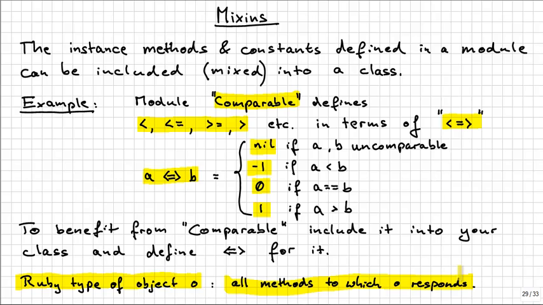This distinction between class and type is the source of the term duck typing, which is often used in the Ruby community. To describe the type of an object, you have to understand to which methods the object responds. And so the saying is, if it quacks like a duck, it's a duck.